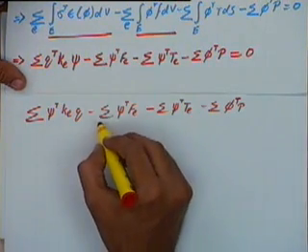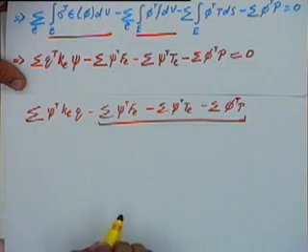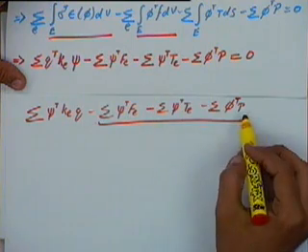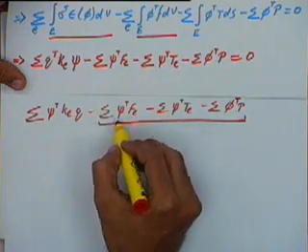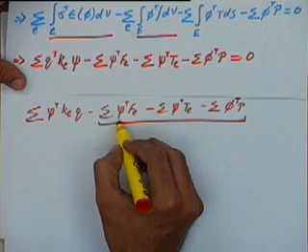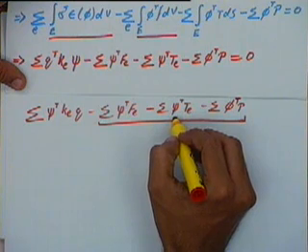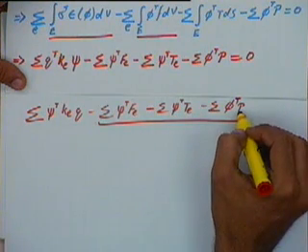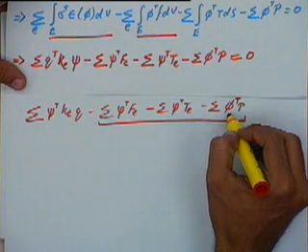Okay, now if I look at these three terms, in each of the three terms I have a force matrix multiplied by the virtual displacement. This is a force matrix multiplied by the virtual displacement, this is also a force matrix multiplied by the virtual displacement, and here I have point forces multiplied by the virtual displacement at that point.